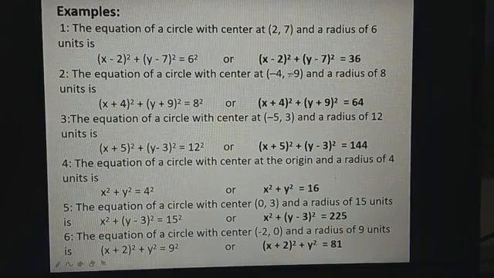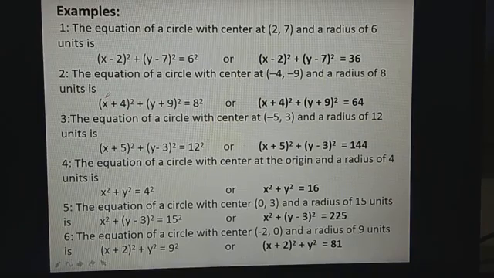Okay. What about number 2? The equation of a circle with center at (-4, -9) and a radius of 8 units is, so, center radius form po ulit tayo. Let us replace the value of h by -4. So, bakit siya naging positive 4 pagdating sa equation?